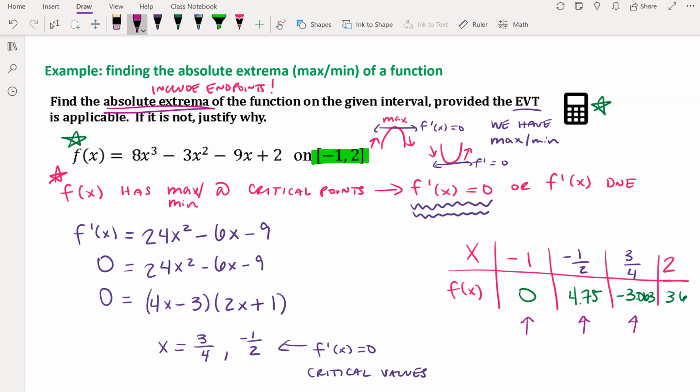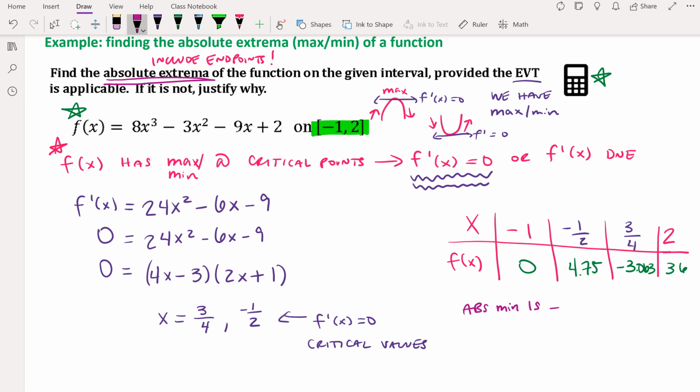Which one's the lowest? -3.063. So the absolute min is -3.063 at x equals 3/4. And the absolute max, what's the highest point? 36, right here, at x equals 2. All right, and then we're done.